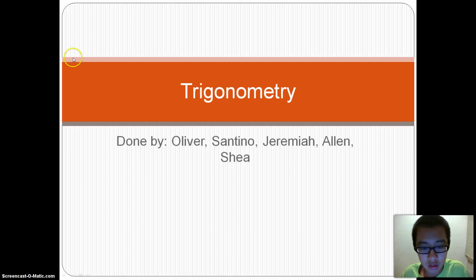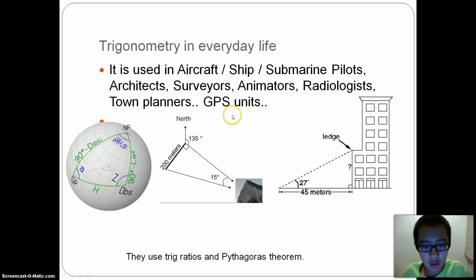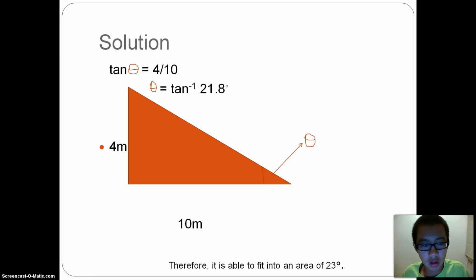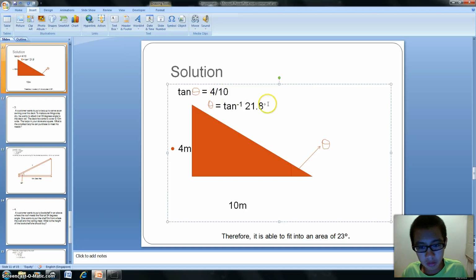Okay, let's go back to it. So once we find the answer, sorry, I made a mistake again, my bad. Tangent inverse of 4/10 equals 21.8.